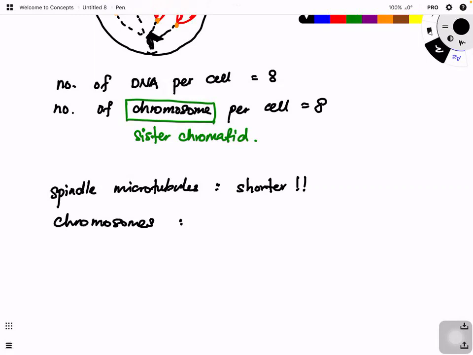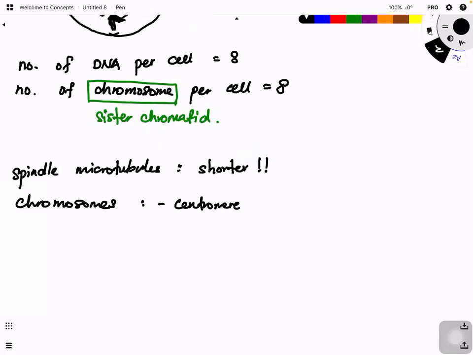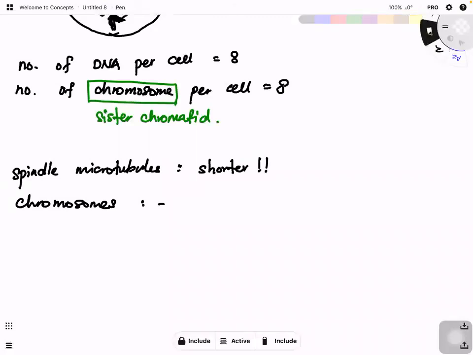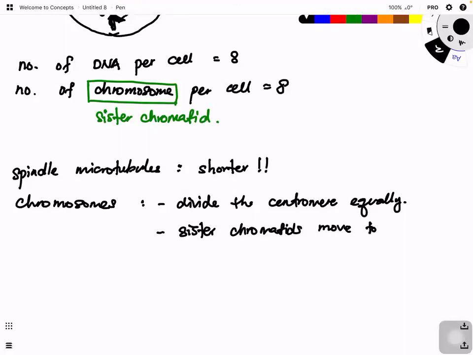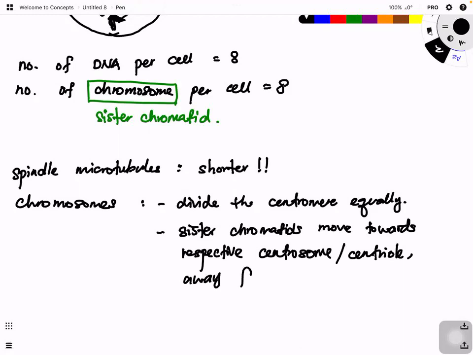Due to the shortening of the spindle microtubule, the centromere divides equally. Because the centromere divides equally, our sister chromatids now move towards the respective centrosome or centriole, away from the metaphase plate.